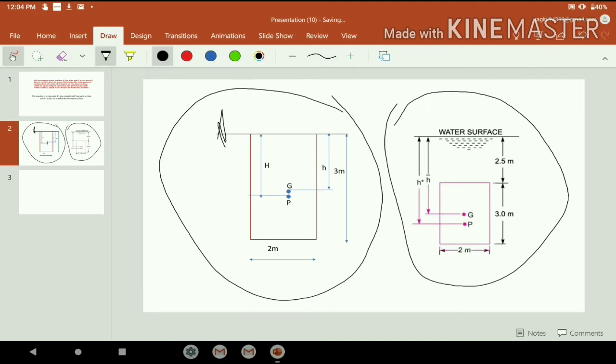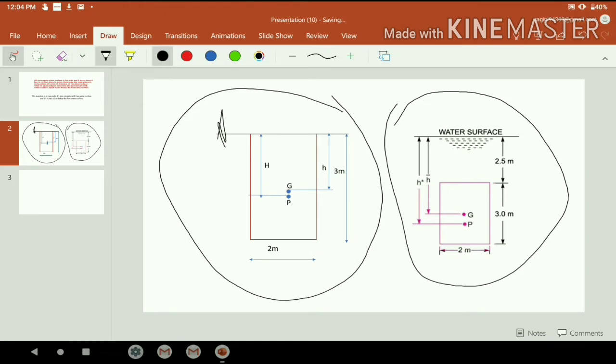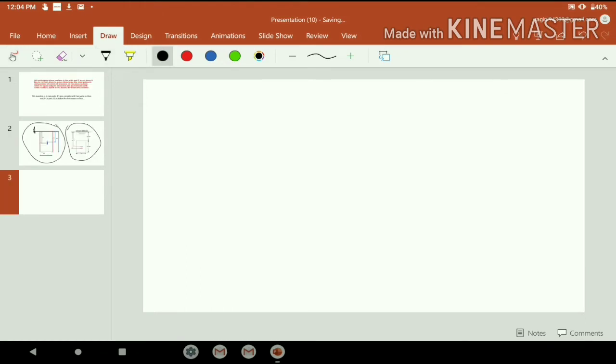Now I am going to solve the first part of the question first, that is when the plate coincides with the free water surface. First of all, we have to write the given.